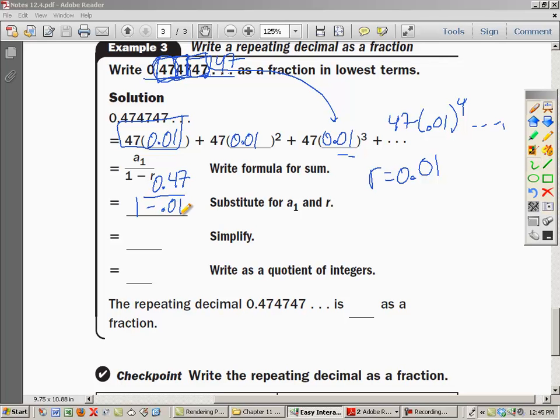Now 1 minus 0.01 becomes 0.99, and so I have 0.47 over 0.99, and if I multiply both top and bottom by 100, I get 47 out of 99. Okay, so repeating decimal 0.474747, and so on and so forth, is the same thing as 47 out of 99. All right?